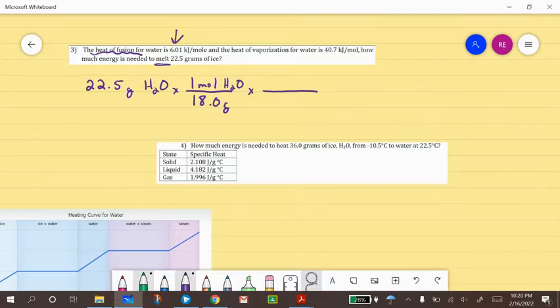And last but not least, we know that we can convert 1 mole of ice into water by providing 6.01 kilojoules of heat. Grams cancel, moles cancel, and we're left with kilojoules, 3 significant digits again, 7.51.